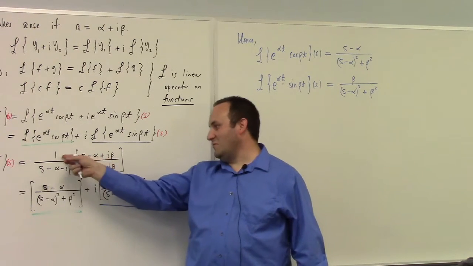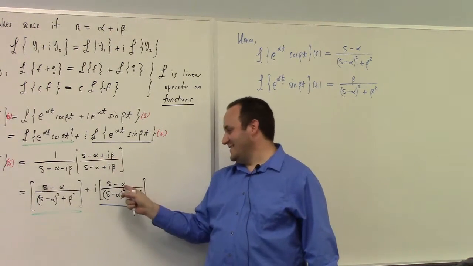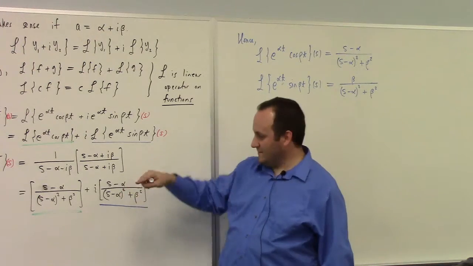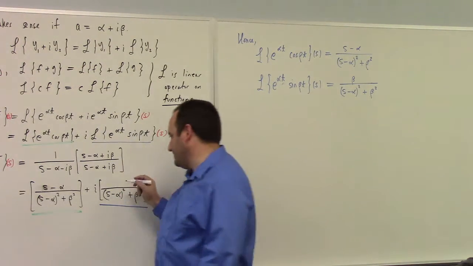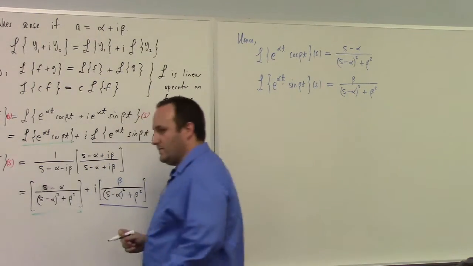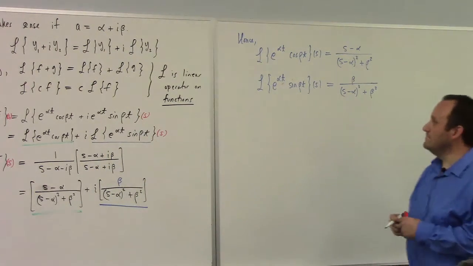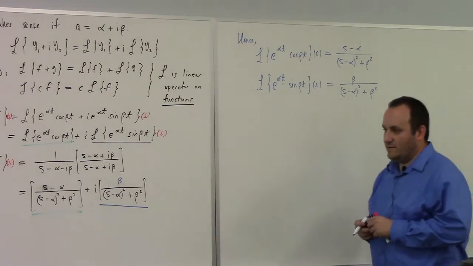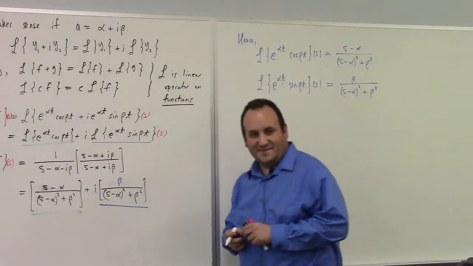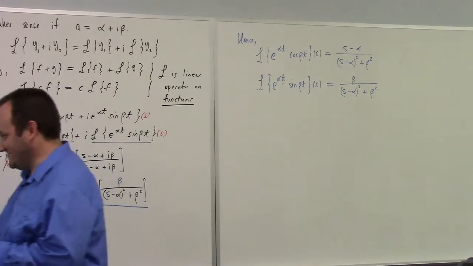But upstairs, I get 1 times I times beta. This is not s minus alpha here. What should be here? Just beta, yeah. There you go. So now we possess 3 Laplace transforms.